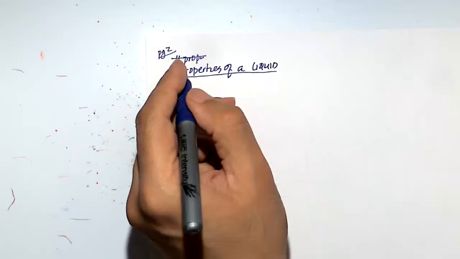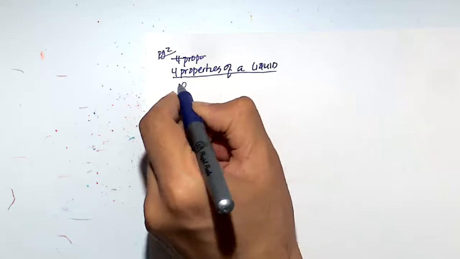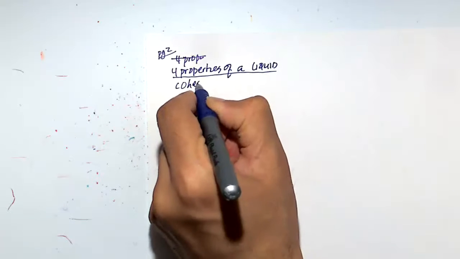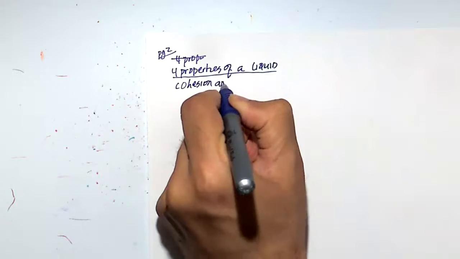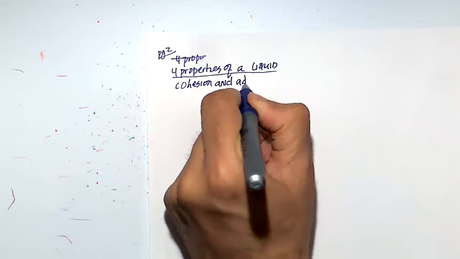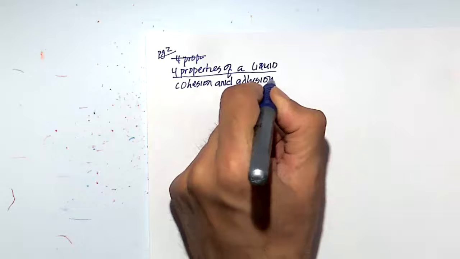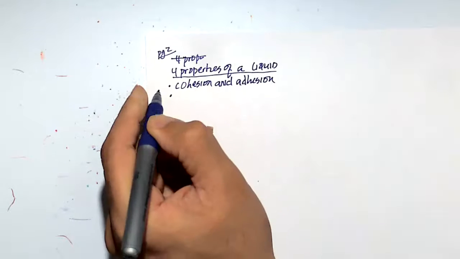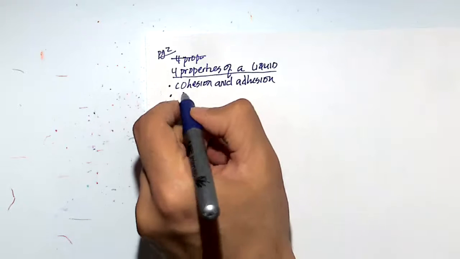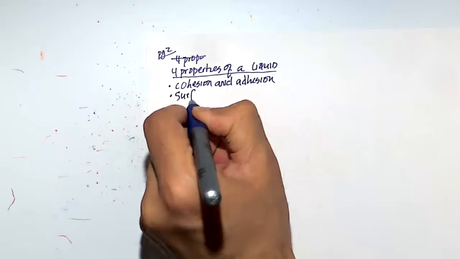I say 3, then I say 4 because cohesion and adhesion sometimes get grouped together. So that's one. What's the other one? Surface tension, very good.